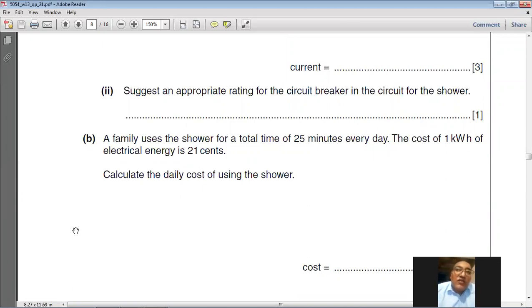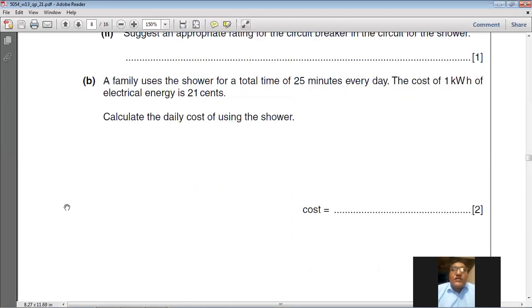It could be 41, 42, 43, 45. I've written 50 amps. It should be more than 40 amps because the shower will take 40 amps when it's working normally. It could be 41, it could be 45, it could be 50 amps.